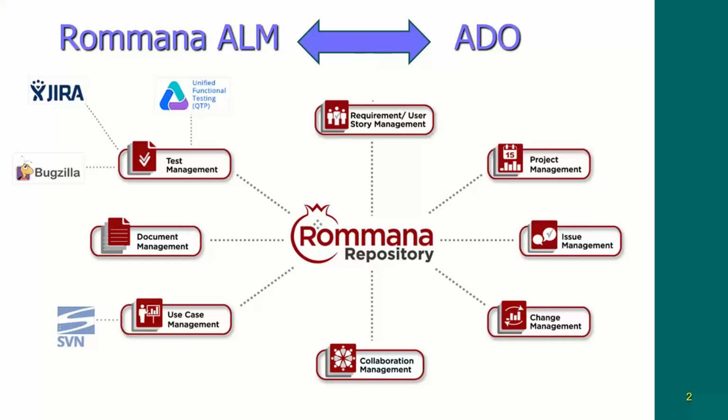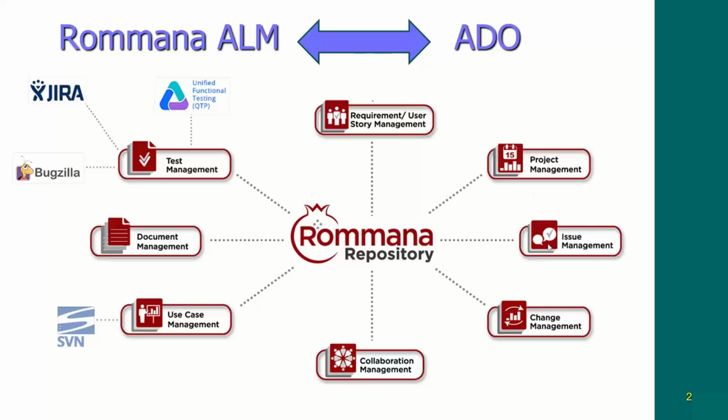As you can see, Rommana ALM is a very comprehensive application lifecycle management system that does everything from requirement management and user stories, to project management, with everything that has to do with estimation and timelines and milestones and deliverables.